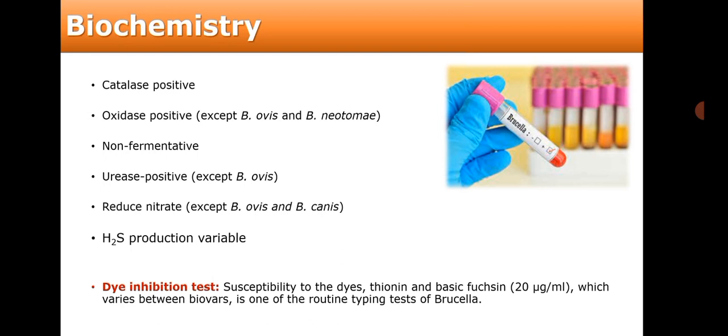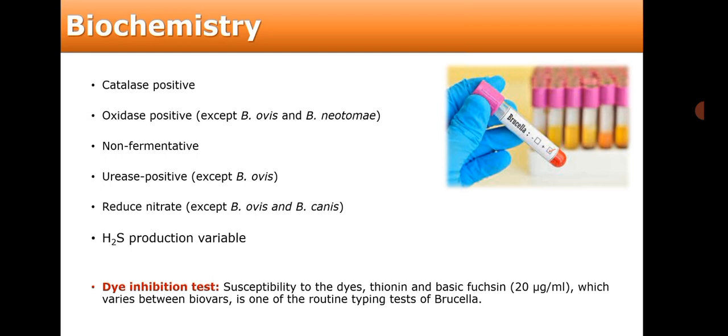Brucella species are catalase positive, oxidase positive except Brucella ovis and Brucella neotomae, non-fermentative, urease positive except Brucella ovis, reduce nitrate except Brucella ovis and Brucella canis, and H2S production is variable.